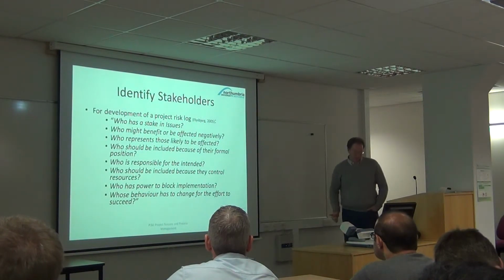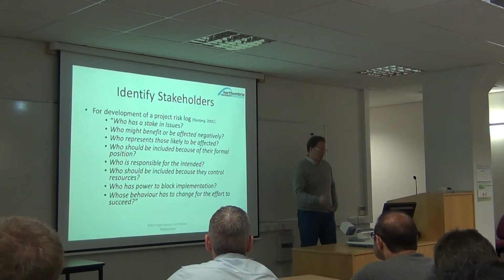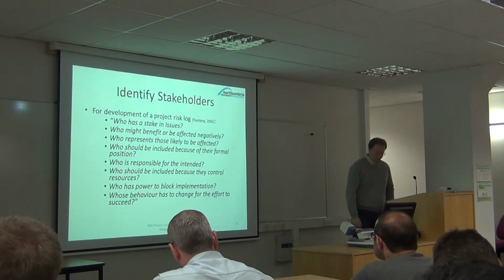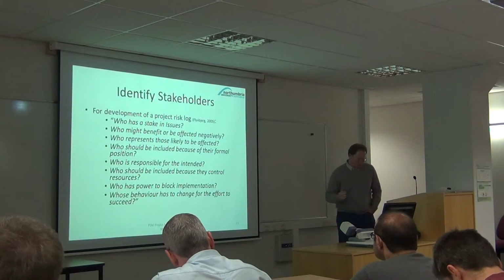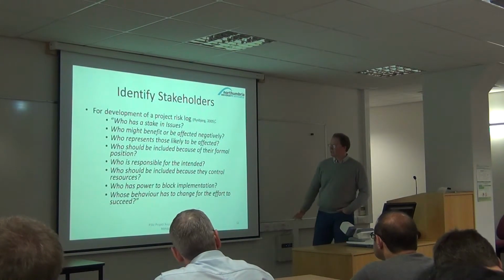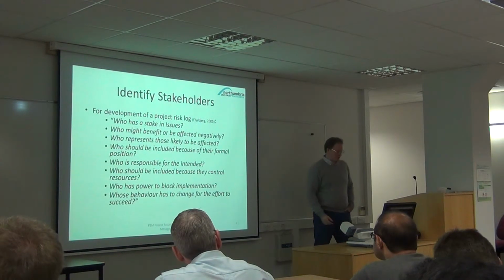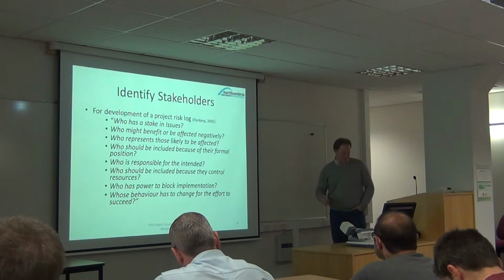So who should be included because of their formal position? There's this recognition of direct decision makers that actually impact on your project. Who's responsible for the intended? This becomes interesting as well. Who gets involved on that level? Who should be included because they control resources, maybe even access to resources, or bringing resources to where you're doing your project?